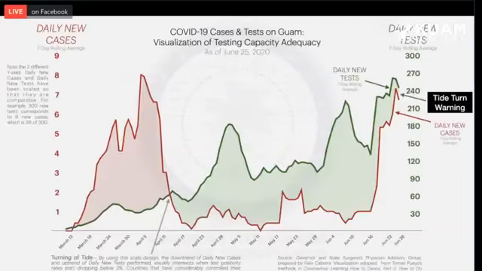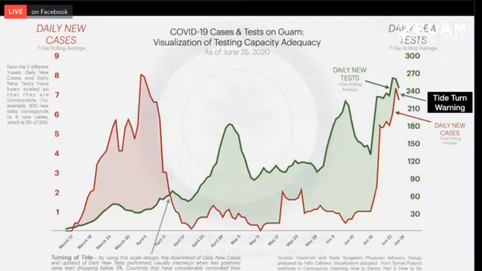So this slide here takes a look at our testing capacity overall in relation to the new cases per day. It's a complicated slide, but the summary is basically that if you see this green shaded area, that's good. That means that we're doing a good amount of testing per day overall, but the red side would be that we're not, and that's what it was earlier in the pandemic, and we've done better.